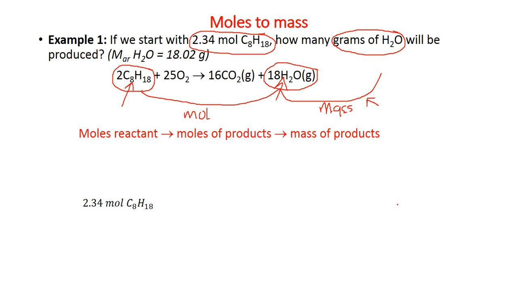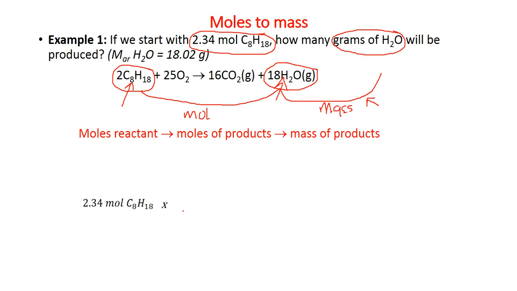Alright, so what is the conversion factor that we are going to put as our first conversion factor? Now, for you to determine the conversion factor you are going to put, you need to know that the conversion factor must cancel this one. The conversion factor must cancel the mole C8H18, which means down here you need to have mole C8H18. So in this case, you are moving from the moles of octane to the moles of water.